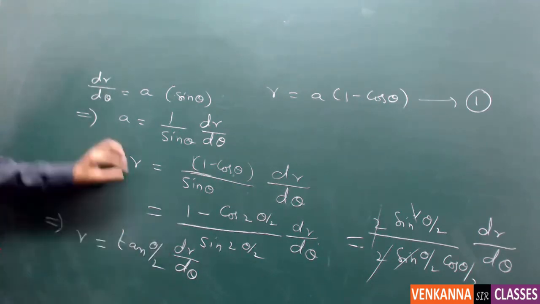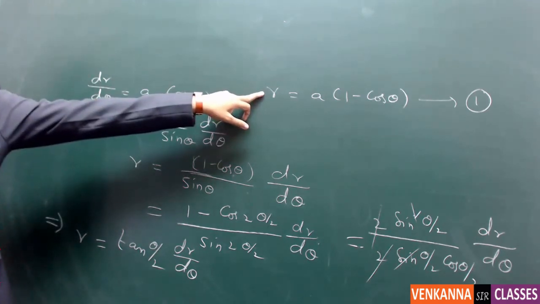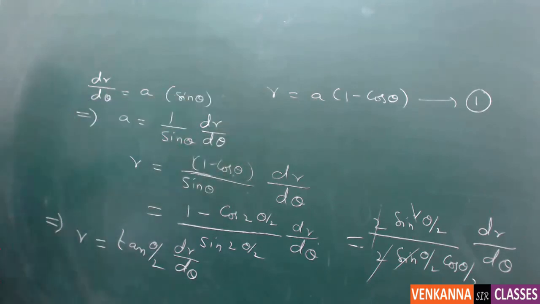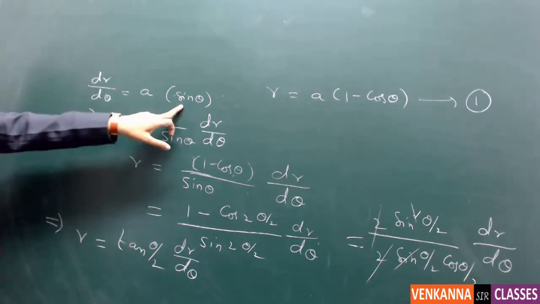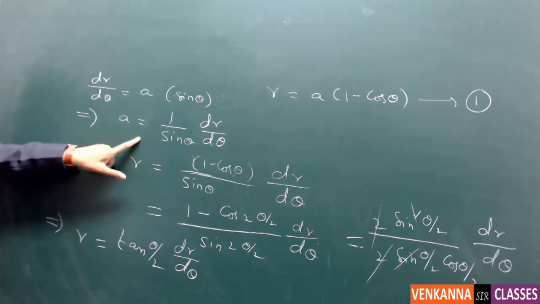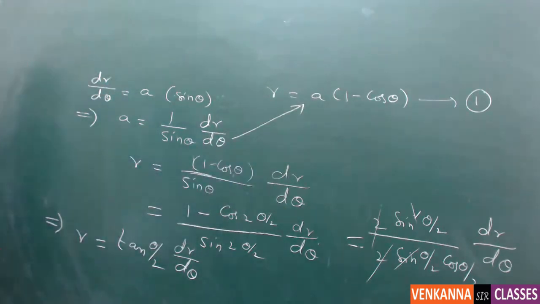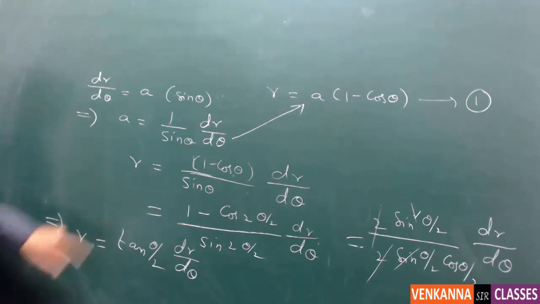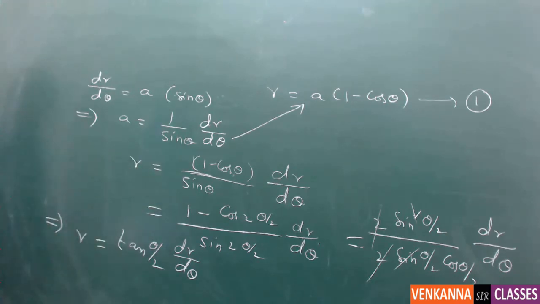Yeah. So this is our given equation, r is equal to A into 1 minus cos theta. Differentiating with respect to theta on both sides, dr by d theta is equal to A into sine theta. From this we have A is equal to 1 by sine theta into dr by d theta. This value is substituted in the given equation to eliminate the parameter A, so that we have r is equal to 1 minus cos theta by sine theta into dr by d theta.